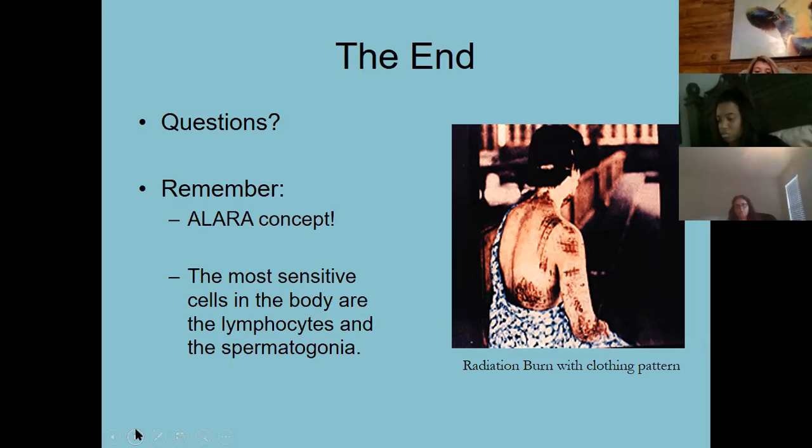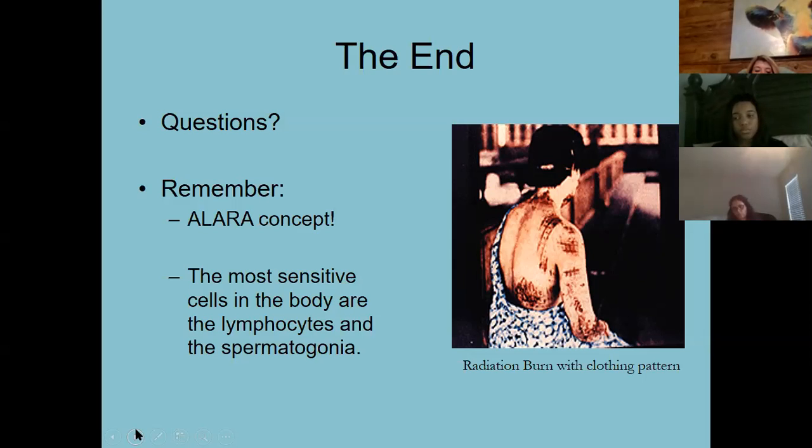As always, every day in clinical, you have to think ALARA. Keep the dose to the patient as low as reasonably achievable. Use all of the skills and all of the things that are available to you in clinical to minimize dose.